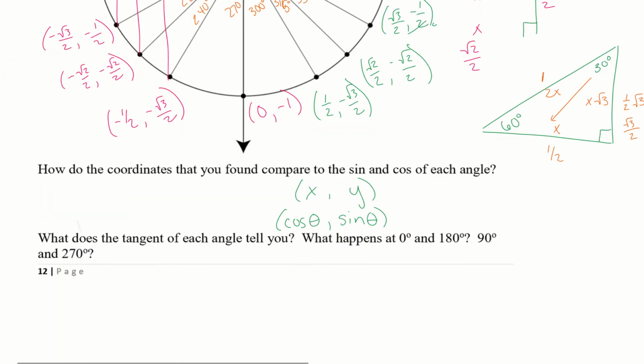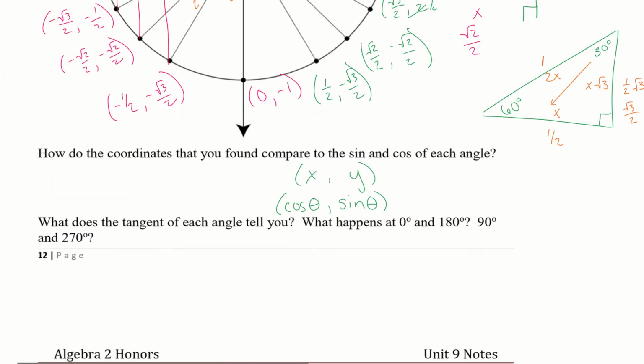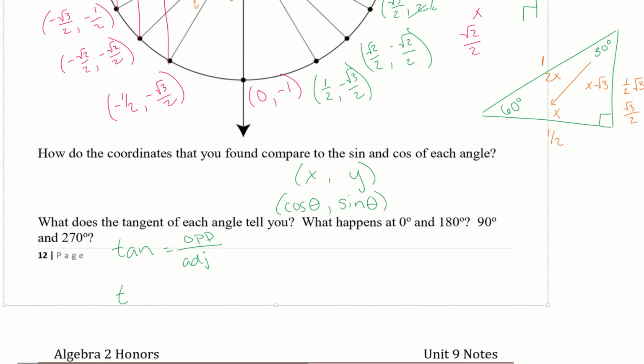Okay, what does the tangent of each angle tell you? What happens at 0 and 180, and what about 90 and 270? So remember, tangent is opposite over adjacent. And so we can go ahead and say that tangent is equal to sine over cosine.